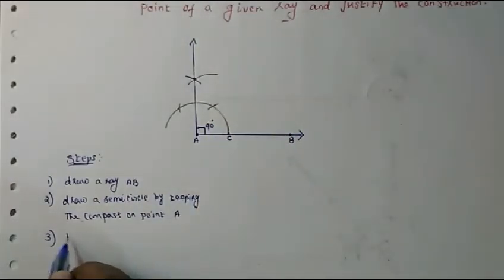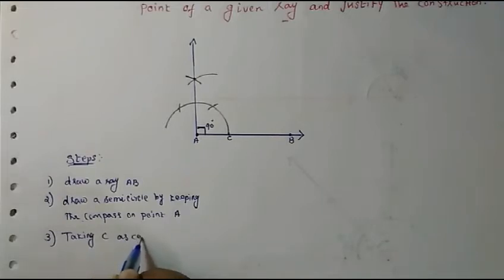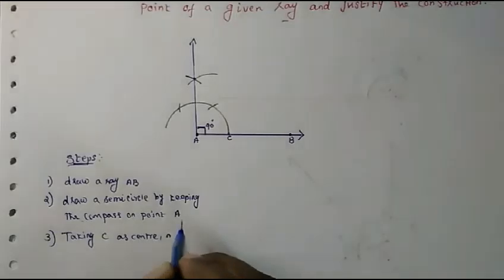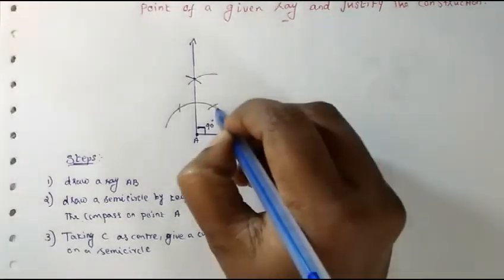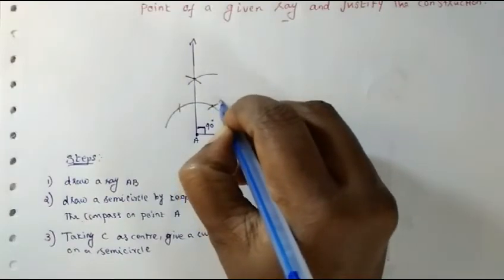Taking C as center, intersect the semicircle, or you can write give a cut or give an arc on the semicircle. You can keep this name as D.